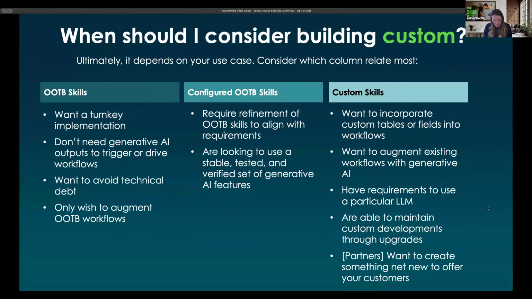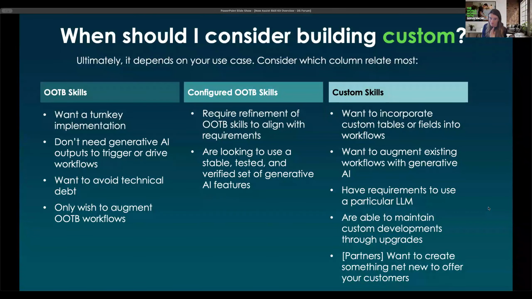You might also tailor what the output format looks like for those summaries. Certain out-of-the-box skills allow for that, and that's the middle column there, where you want a slight refinement of the out-of-the-box skills, but you still don't want to do anything too crazy that you then have to go and maintain.